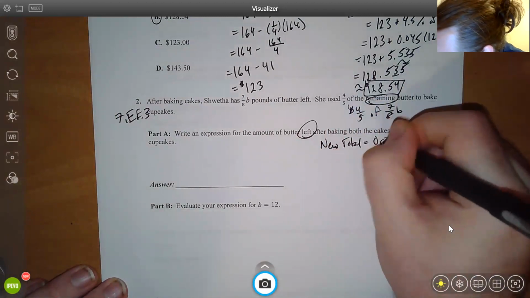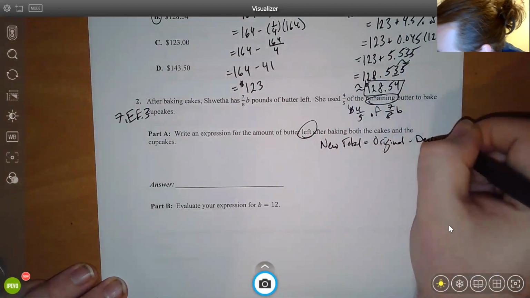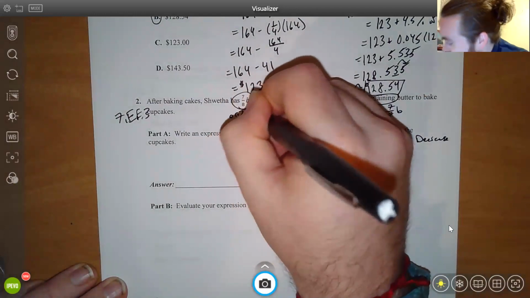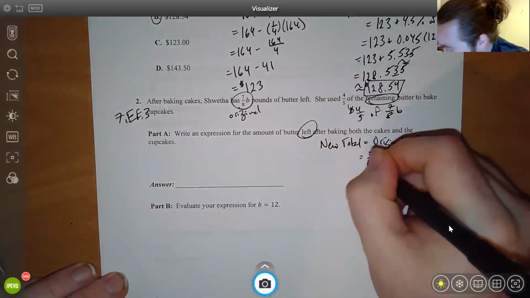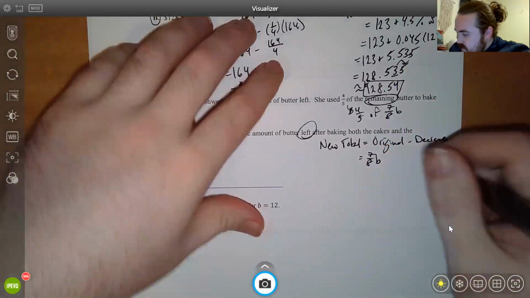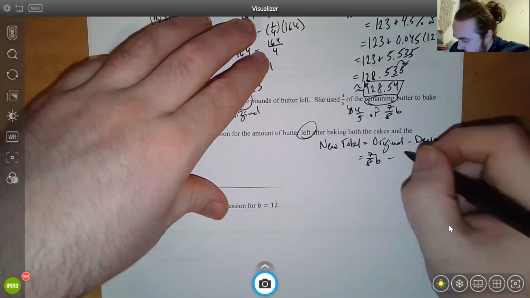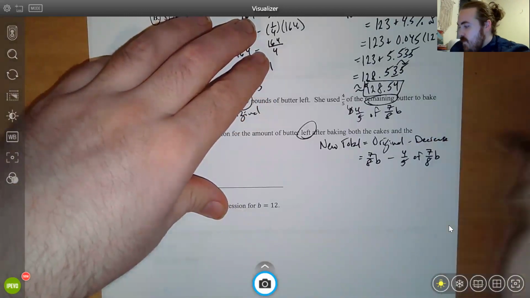Instead of doing original minus a decrease, well, in that case, 7/8 would be the original, minus the decrease, which would be 4/5 of 7/8.